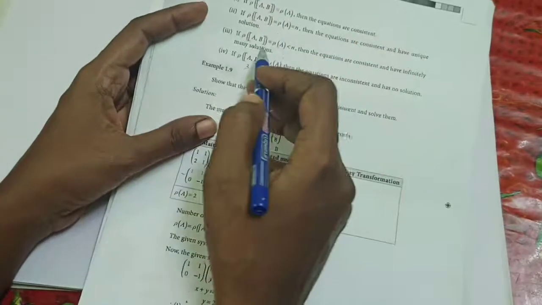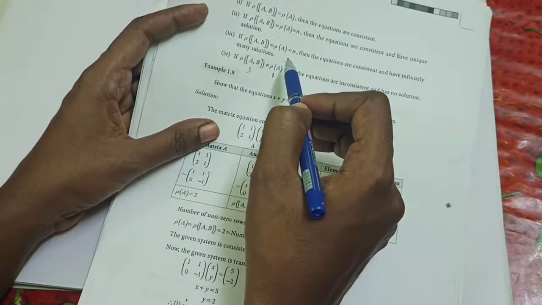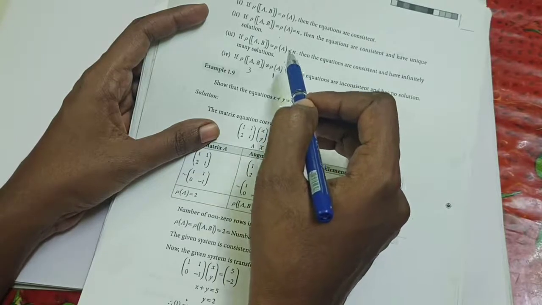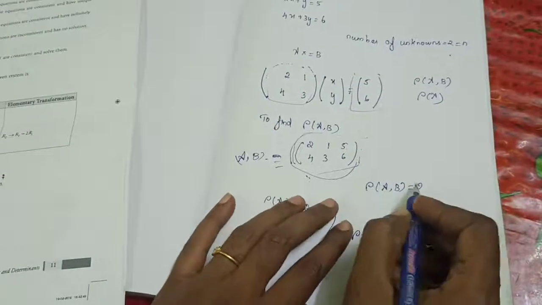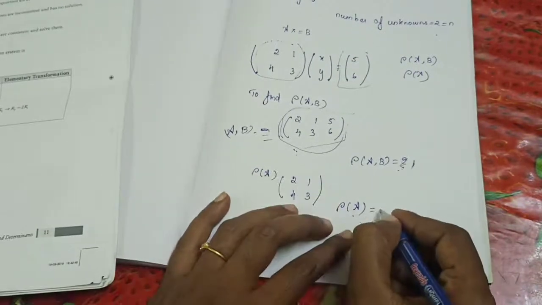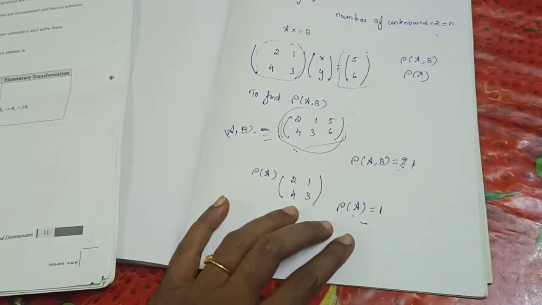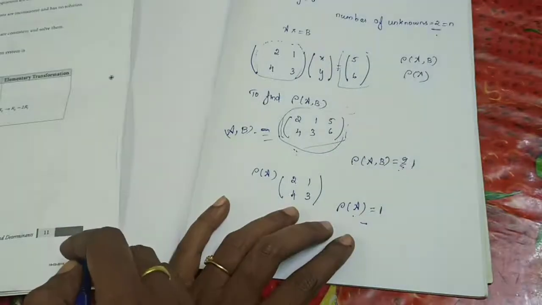Understand? Then the next one. If rank of A comma B is equal to rank of A, less than n. Less than n. So maybe in this question I am getting the answer rank of AB is equal to 1. Okay. Then rank of A is equal to 1. How many unknowns are there? 2 unknowns are there. Is it right?